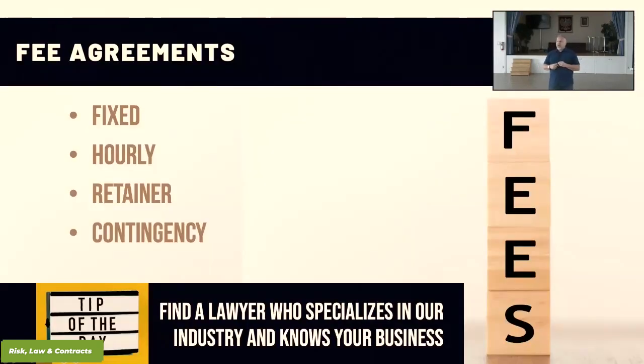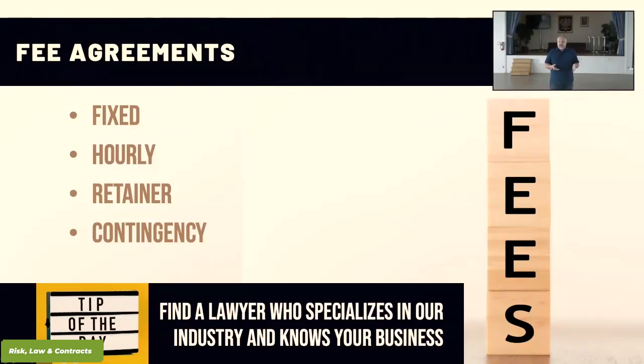Fee agreements. Again, you can do all kinds of fee agreements with your lawyer. You can do fixed, you can do by the hour, you can do some sort of retainer, and then you can do contingency as well. So there's lots, depending on what you need a lawyer for, they will typically determine what you're looking for. Fixed, if you're just looking for setting up a corporation, it's typically $1,500, $2,000.